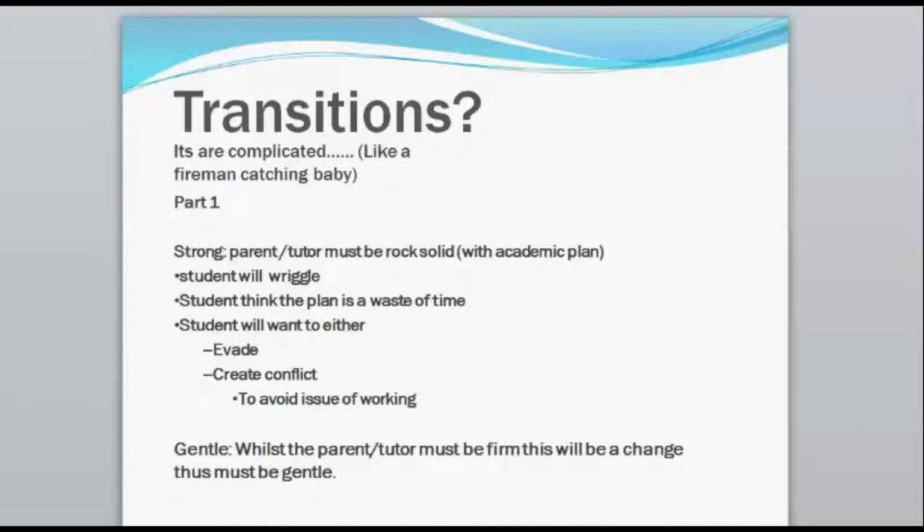Students will subconsciously avoid work because it's quite a painful area for them, and therefore getting a student to commit to some sort of academic plan, they might commit to it but evade it, or they might deliberately not commit to it because it's actually a difficult area, bringing up the topic of them doing more work.